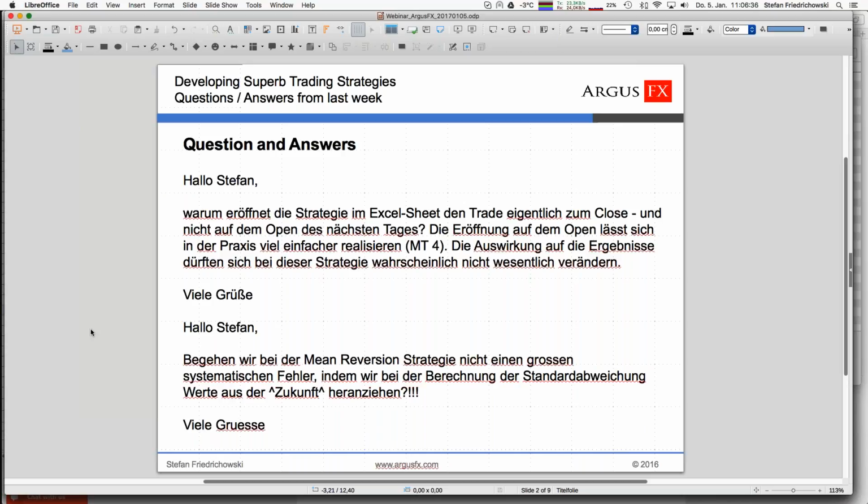You might remember that we use the standard deviation as one basic figure, and we used a multiplier on that standard deviation in order to set the threshold when to open a trade.